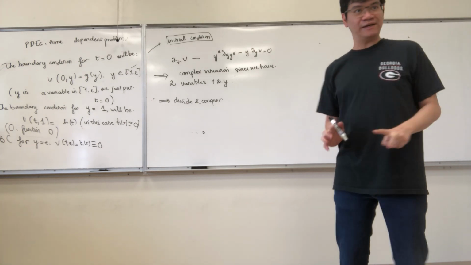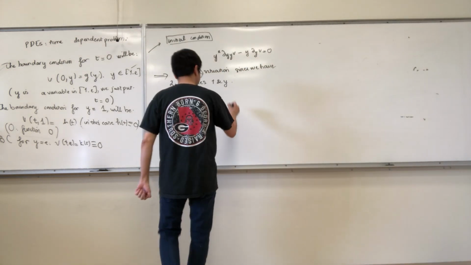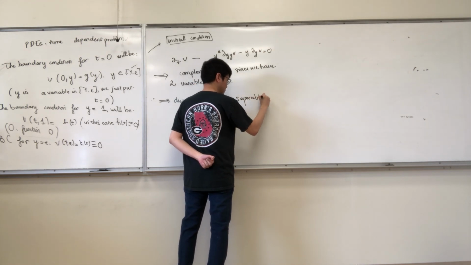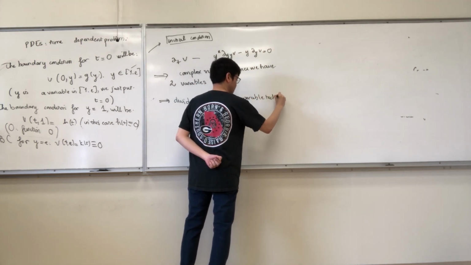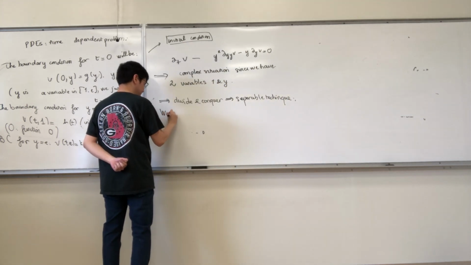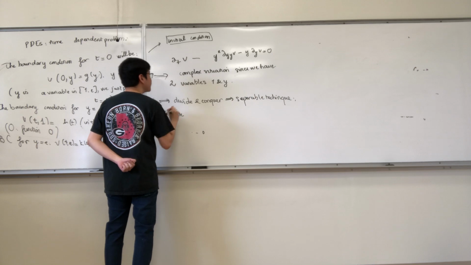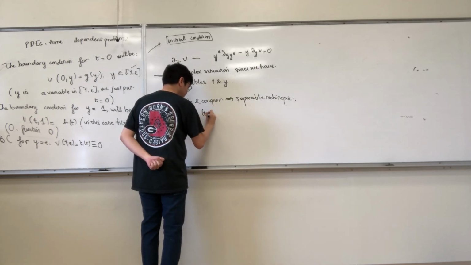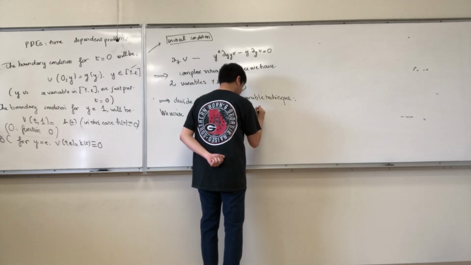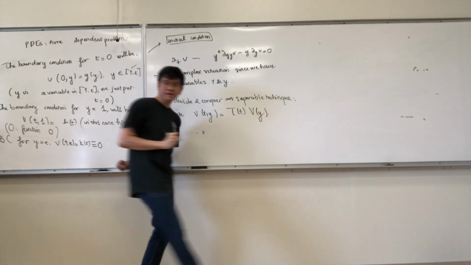This is the separable technique. We're going to write v of t, y to be T of t times V of y.